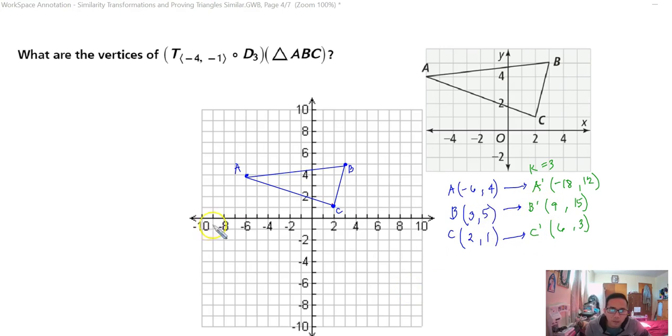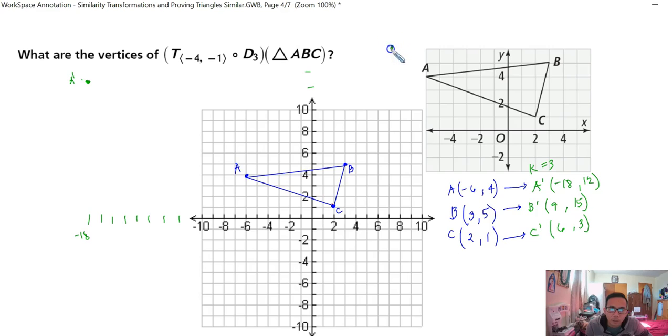So I have negative 10, 11, 12, 13, 14, 15, 16, 17, 18. So negative 18, 12, 10, 11, and 12. So it's here. Oh, it's a lot bigger, guys. So this is your A prime. And then B prime would be 9, and then 15.